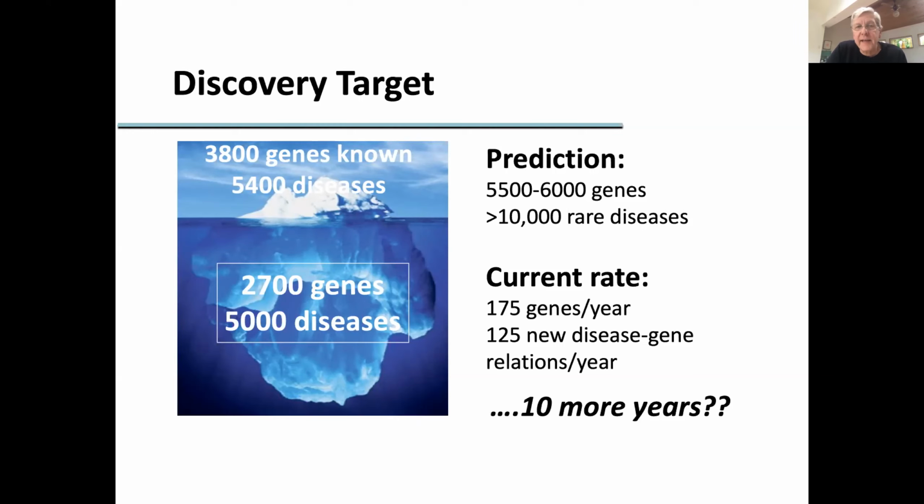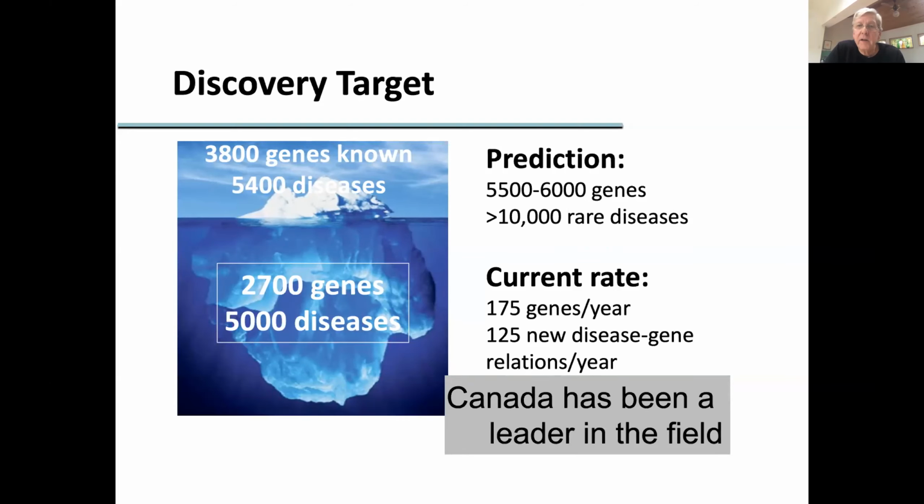And the guess is that there's going to be approximately another 5,000 disease gene variants discovered over the next, say, decade that might include another 2,700 genes, including the 3,800 that have already been found. So the rate of discovery now is on the order of a new disease gene discovery per day, almost on a daily basis.